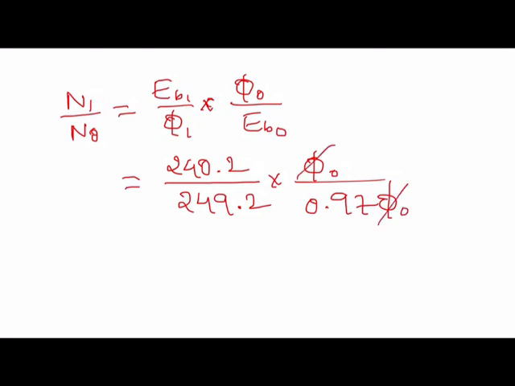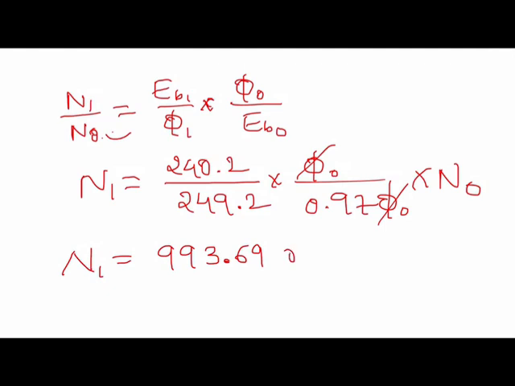So N1 will be equal to this multiplied by N0. Upon calculating, the speed of the DC motor will be 993.69 rpm. So this is the solution of the given problem.